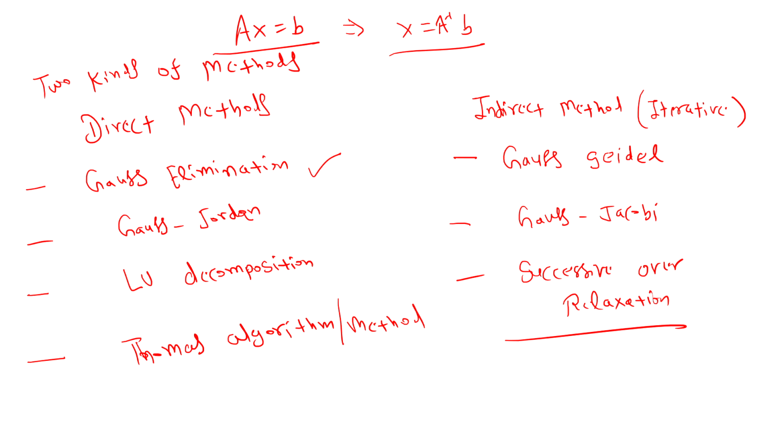In this case we will not have any iterations, but in the indirect methods we will have iterations to solve the system Ax is equal to B. So we'll try to guess the value of X, then put it into this system and then recalculate it using iterations. That we'll understand in the Gauss Seidel or Gauss Jacobi method.